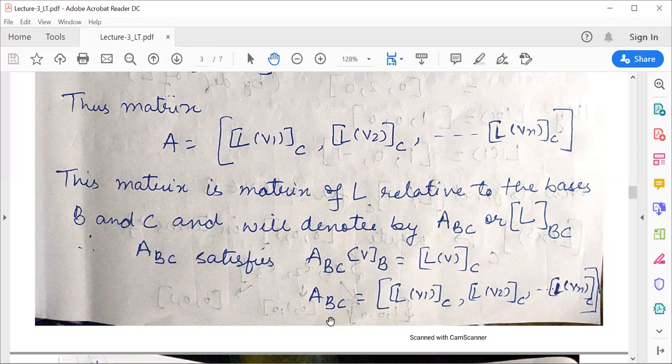Then these images will be part of your W vector space. Then find the coordinate vectors of these images with respect to the ordered basis of W, and write the coordinate vectors as columns. That will give you the matrix ABC.